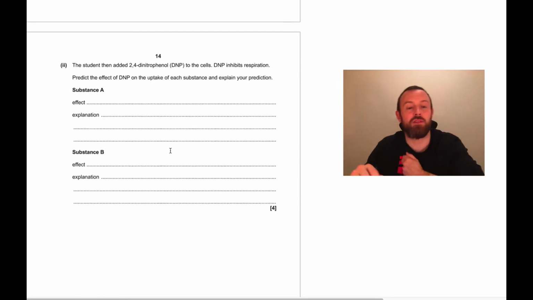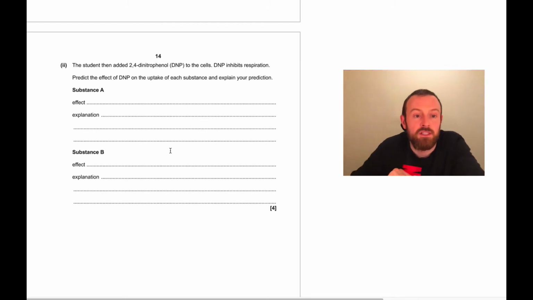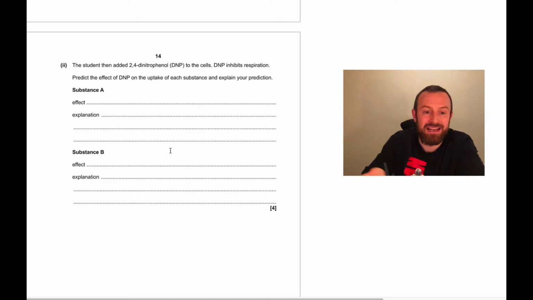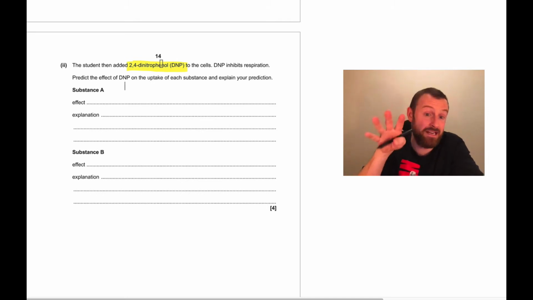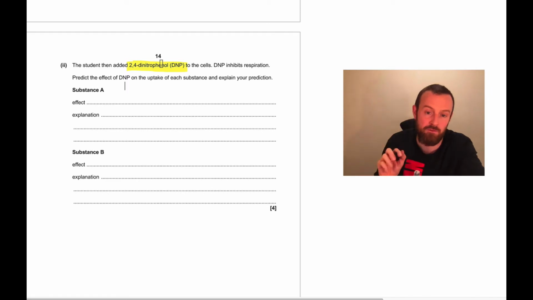Okay, so this second part of the question follows on from the first part. So this says the student added some stuff. Okay, 2,4-dinitrophenol. Some of you actually in my class remembered the DNP, how it affects respiration. You didn't need to actually for this question. You can just take the information they give you.